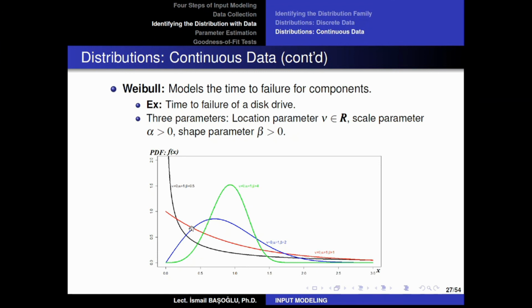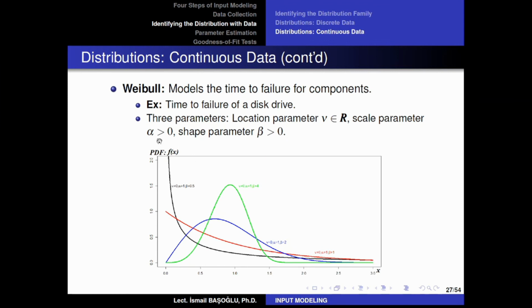Now, you can easily see here there is a red line. In this red line, we have the location parameter as 0, the scale parameter alpha as 1, and the shape parameter beta as 1. So when the location parameter of the Weibull distribution is equal to 0, and both the scale and the shape parameters are equal to 1, we have the standard exponential distribution here.